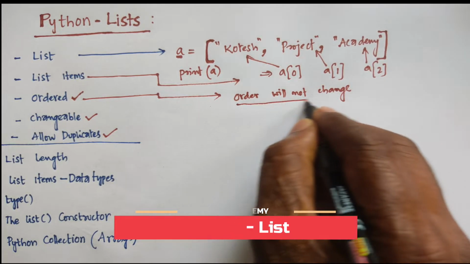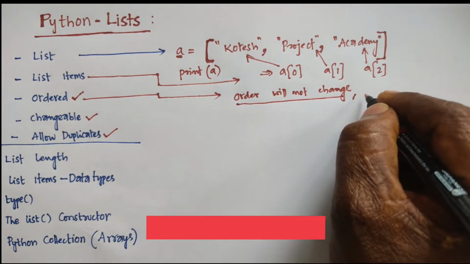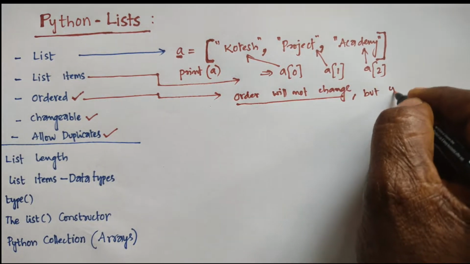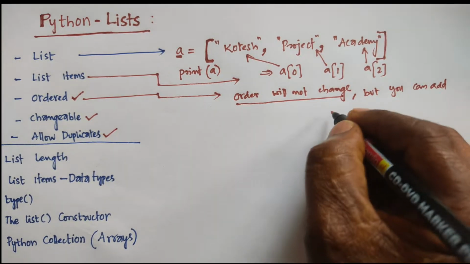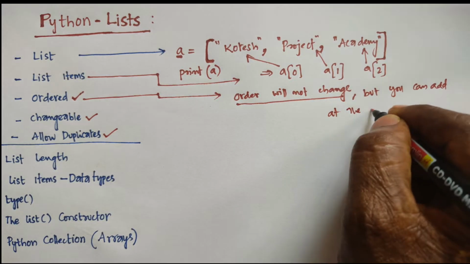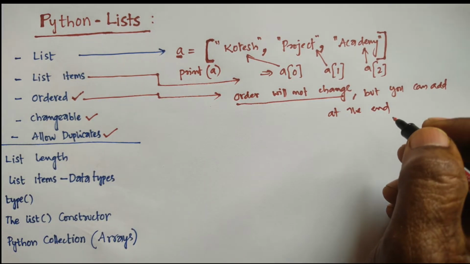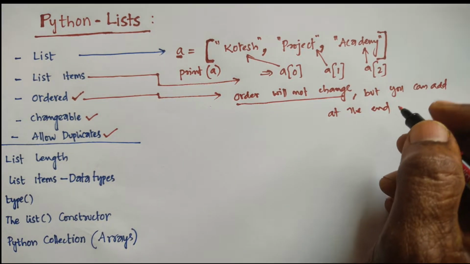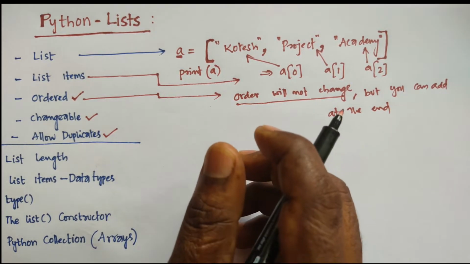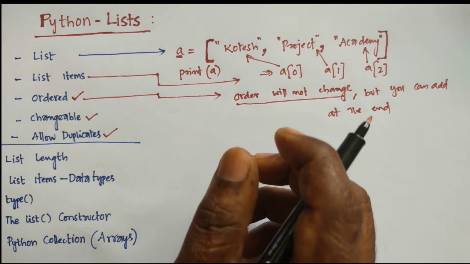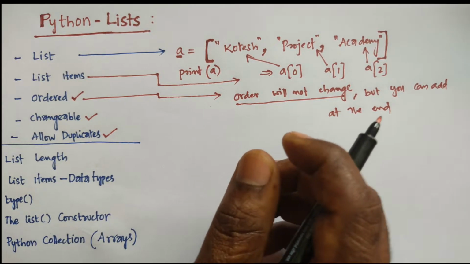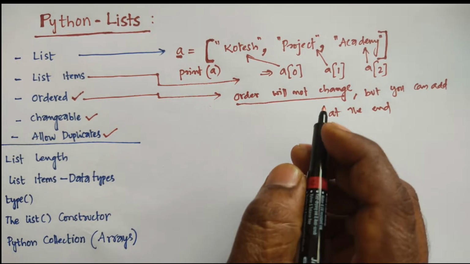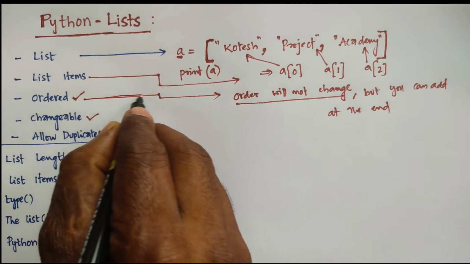So the order will not change, but you can add new data at the end of the list. One more important point: there are some list methods that will change the order, but in general the order of the items will not be changed. That is the role of order.